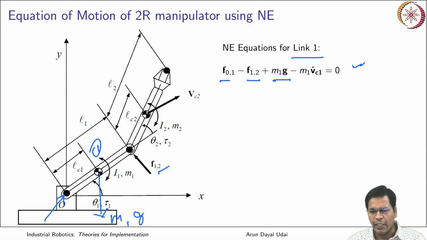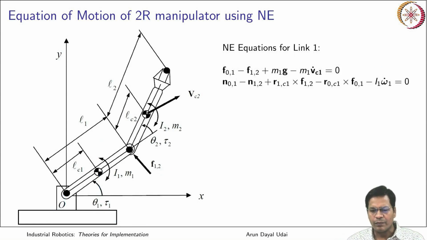And you have m1 VC1 dot. Why is it VC1 dot? If the center of mass velocity is given by VC1, then VC1 dot is the acceleration of the center of mass. So this is the inertial force, and this is the gravitational force. These are the two forces externally acting on isolated link 1. Okay, so this is the force balance equation.